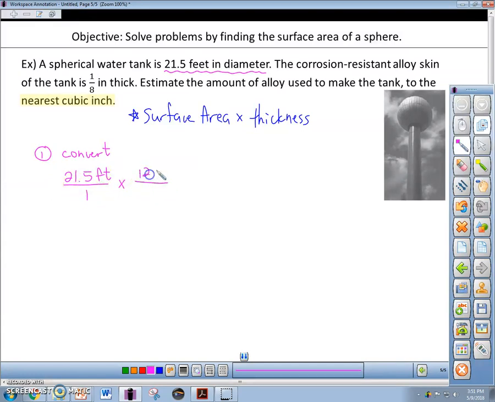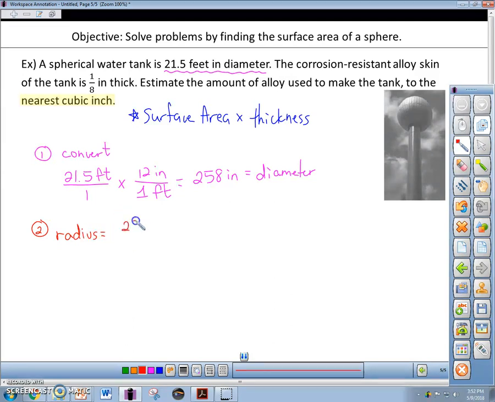We know there are 12 inches in 1 foot. And that gives us 258 inches. And this, remember, is our diameter, now in inches. So now I'm going to calculate my radius, which would be half of my diameter.